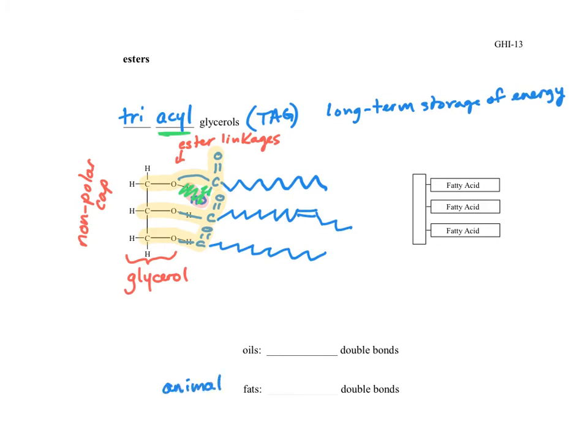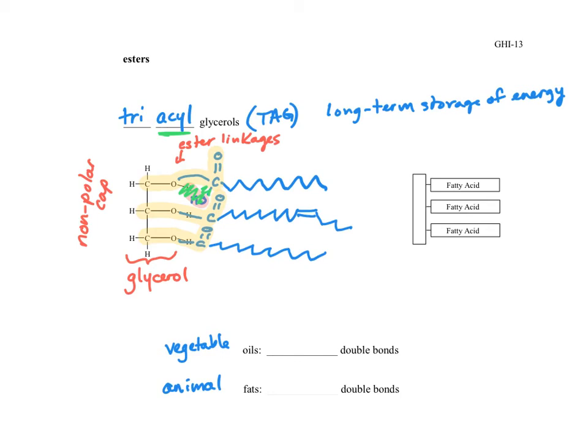So think about bacon and bacon grease or the bacon fat. That is going to be a triacylglycerol. But it's also true that vegetable oils, think about corn oil or olive oil, things like that, that's the same type of molecule.